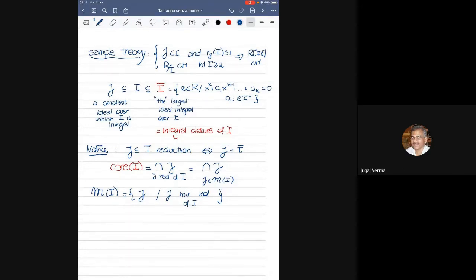It's very difficult to compute. How is an infinite intersection, but how big is it? It's definitely not a reduction. However, it's obviously contained in I. This is clear. But actually, it's not so small because it shares the same radical as I. So I is contained in the radical of the core.